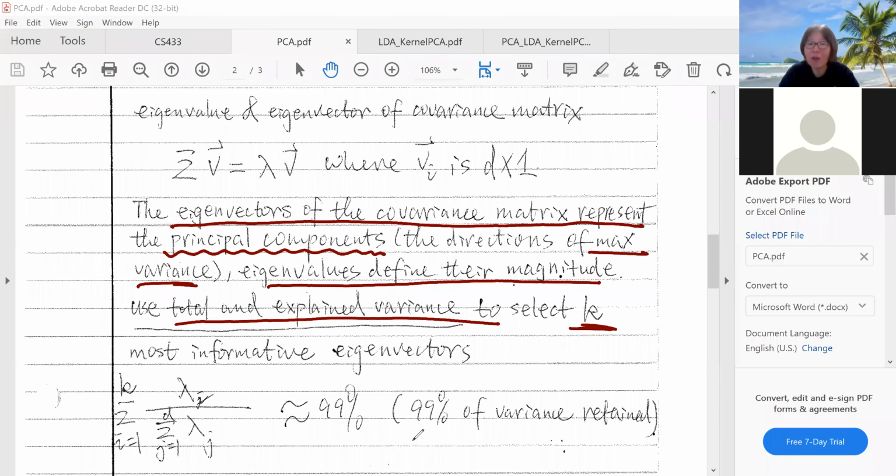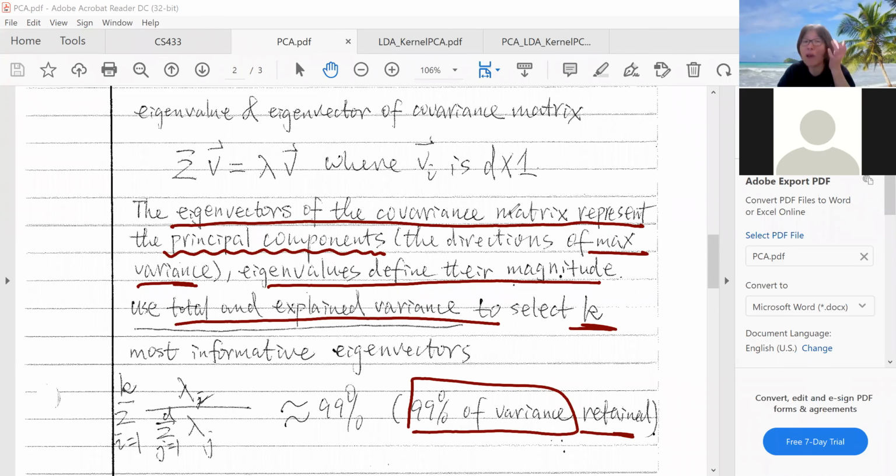Suppose you say, I want to retain 99% of the original variance. Because after you pick a certain number of components, you are not going to have 100% of the variance. You just say, I'm going to pick a certain percentage, suppose 90%. Then the idea is, this is regarding all features.